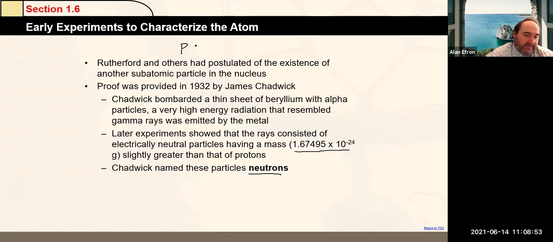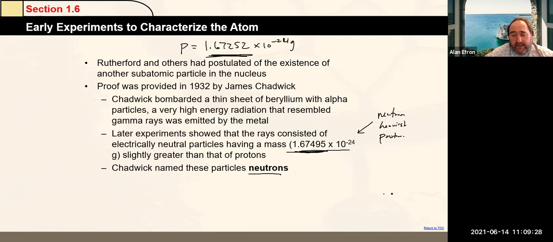Because if we look at the number for our proton, 1.67252 times 10 to the minus 24 grams, and compare the two, we see that the neutron is actually the heaviest of all three particles, just barely, out to the third decimal place. The neutron is the heaviest, followed very closely by the proton.